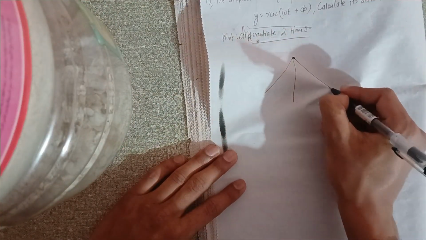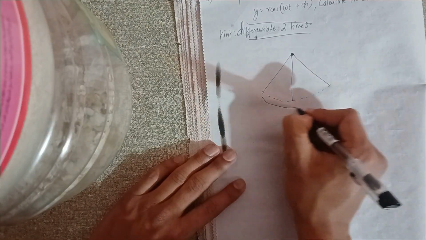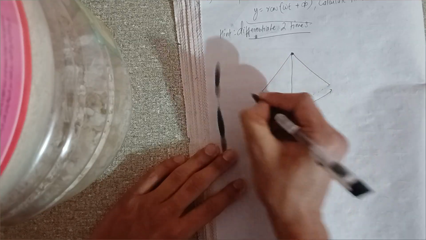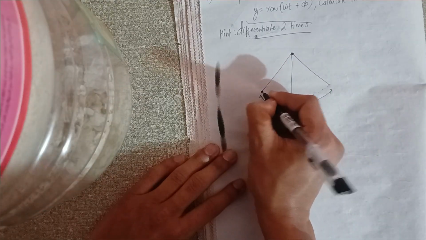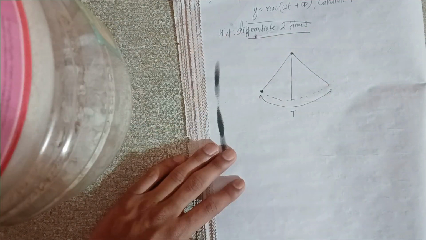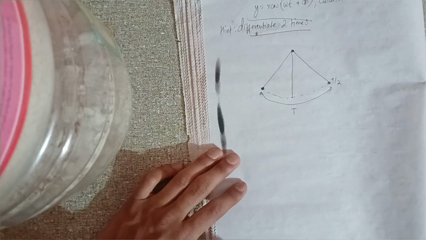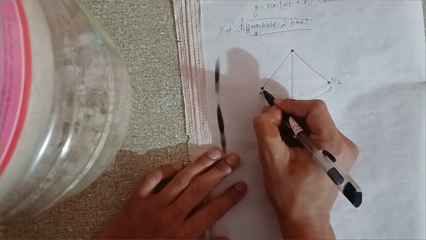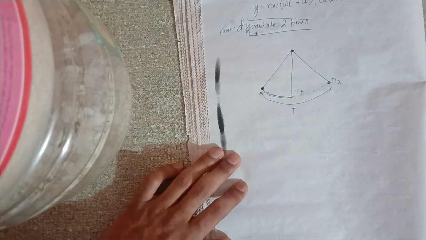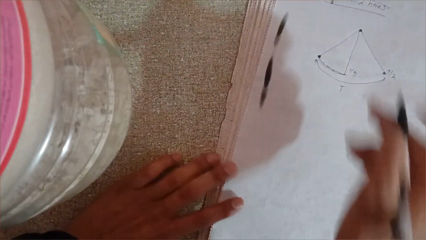We are assuming this is our pendulum, and the whole time taken by this is T. If you start from this point, it goes all the way to this point and comes back here, it takes T. So that means to come up to here, it takes T by 2, half time, and then to come up to just here, it takes T by 4. So T by 4 is the smallest fraction of time we can study.